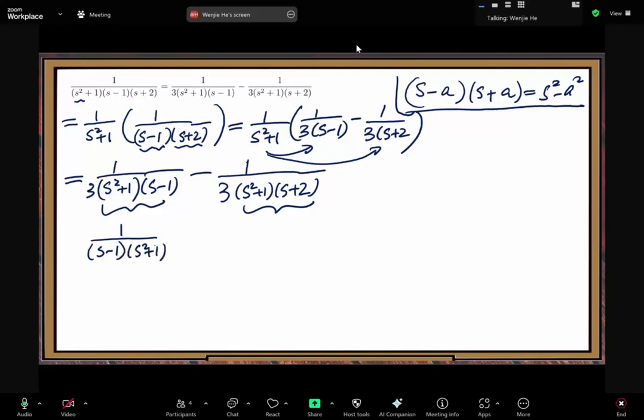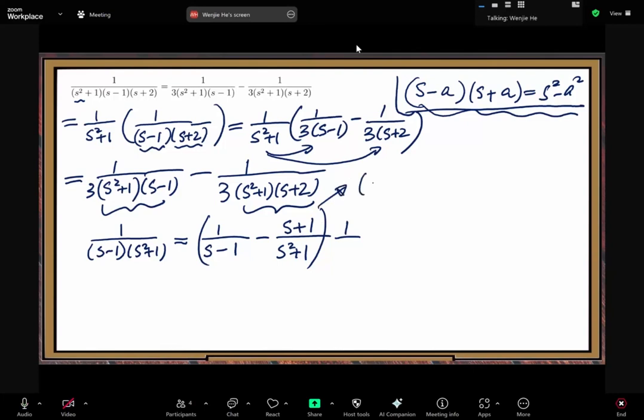Okay. Now we need to use the formula. So when you do it, the first one still S minus 1. The second one, you need to use S plus 1. Then, in this way, you need to make an adjustment, right? Because the numerator S squared plus 1, so you do some calculation on your scratch paper.